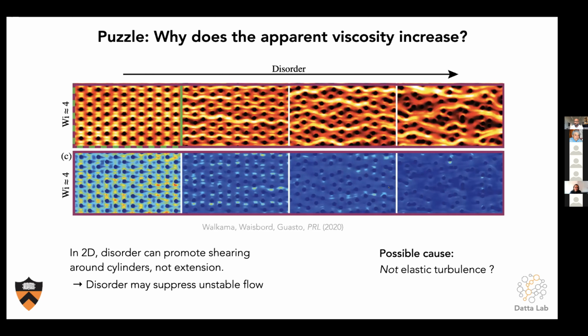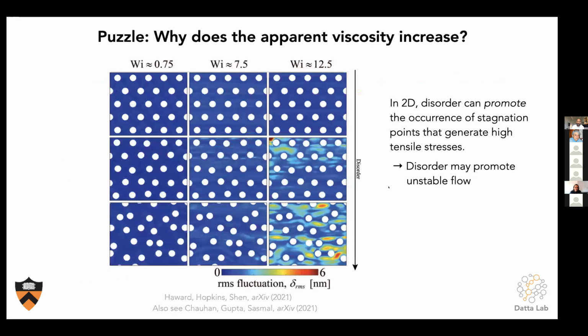And so it seems that disorder actually can suppress these chaotic fluctuations. So maybe elastic turbulence doesn't even arise in disordered porous media. Although even more recently, there have been some other papers showing that maybe this is not a general phenomenon. And so it's unclear, right? We don't know what's going on with polymer solutions inside porous media. We don't know why the apparent viscosity increases above a threshold flow rate.